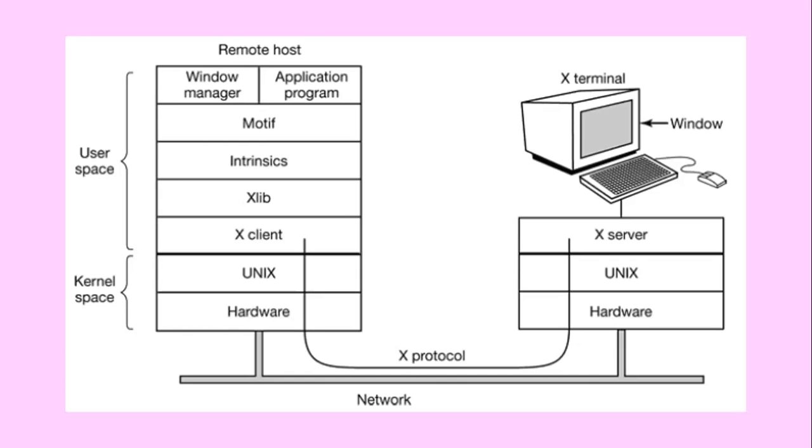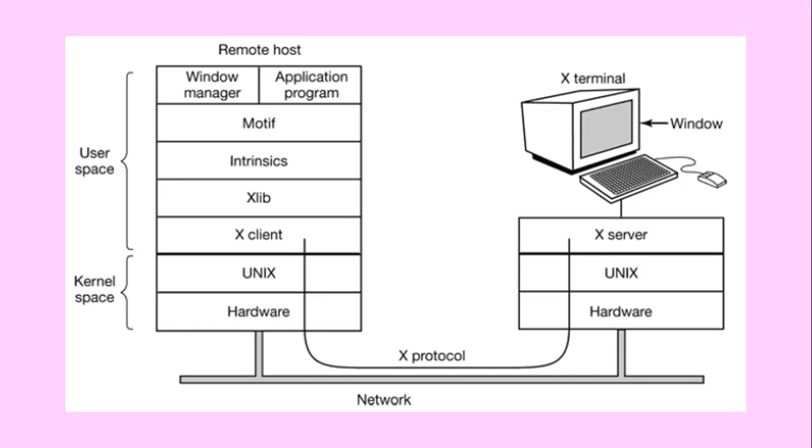On the remote host side, we have the content of the user space and the content of the kernel space. Under the user space, we have the window manager and application program. Then below it, we have Motif, Xt, Xlib, XClient, Unix, and then under kernel space, we have Unix and hardware.